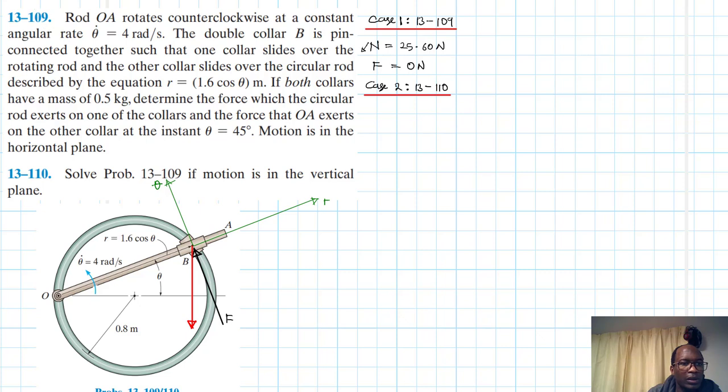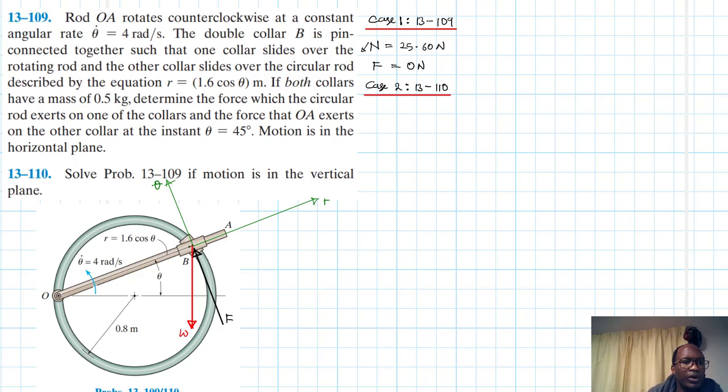The collar is the one that slides on this circular rod, right? This collar here is the one we are talking about. Then the force is exerted on this collar. So this is our W.